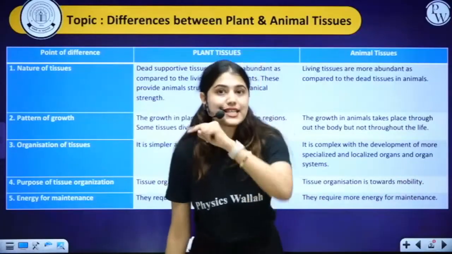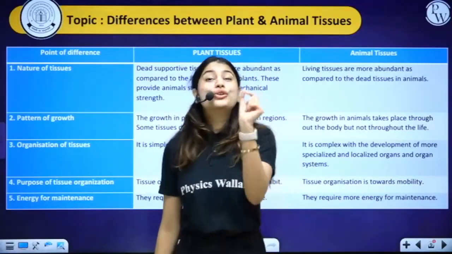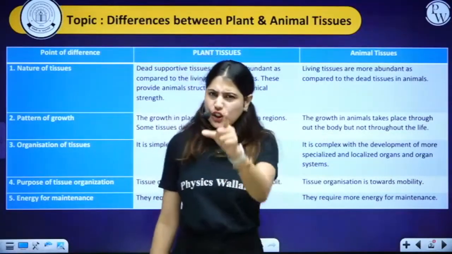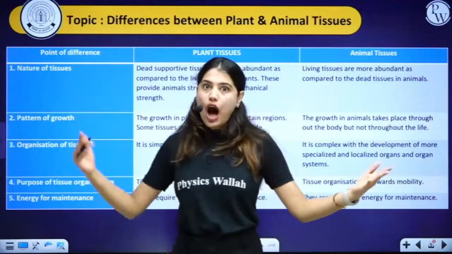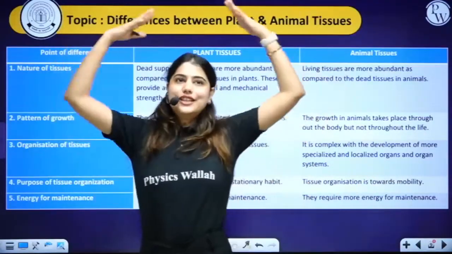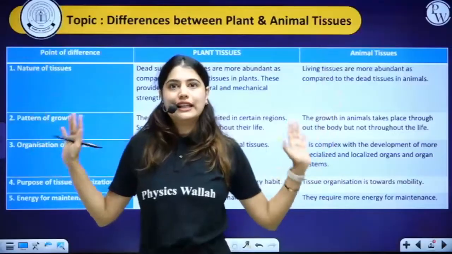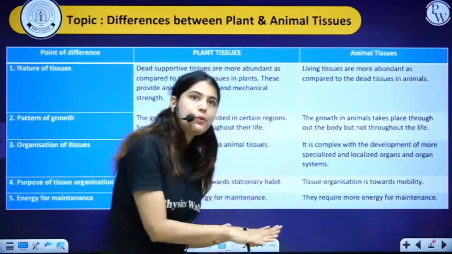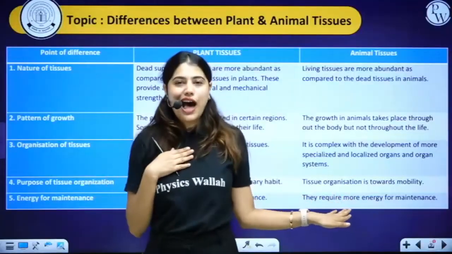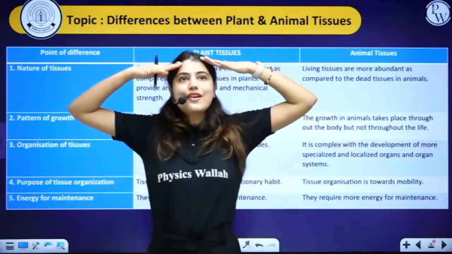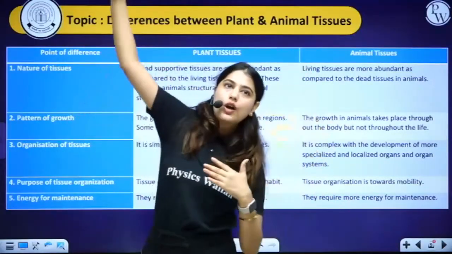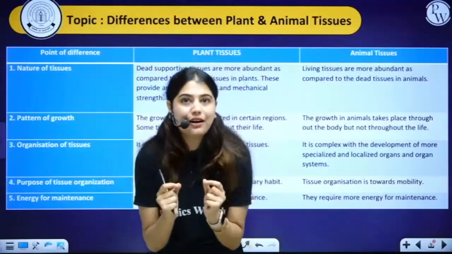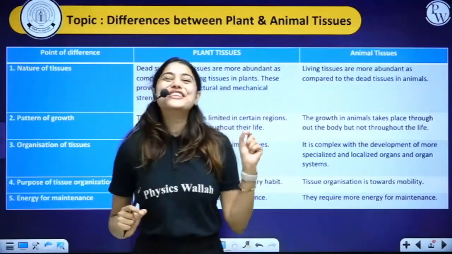But yes, plants grow throughout life. But do we grow throughout life? Obviously no. Like, I have reached a certain height, I will remain like this. Yes, my whole body has grown from baby age to now, but right now I have stopped growing. My height is not continuously growing. But plants, they grow throughout life.